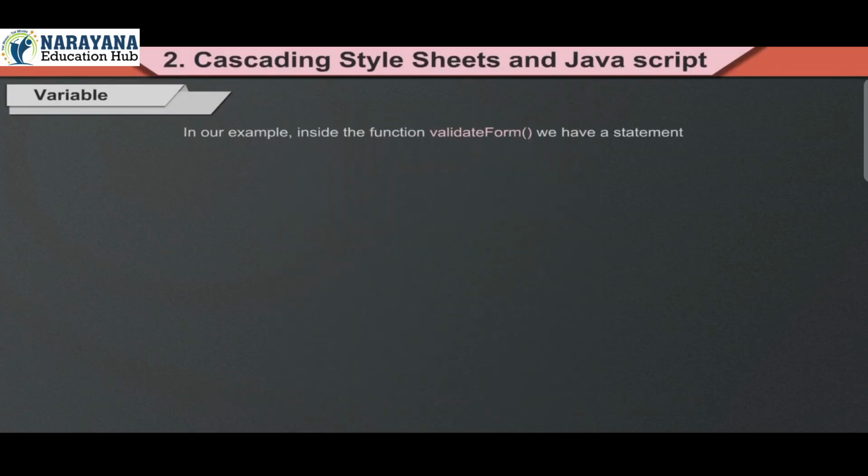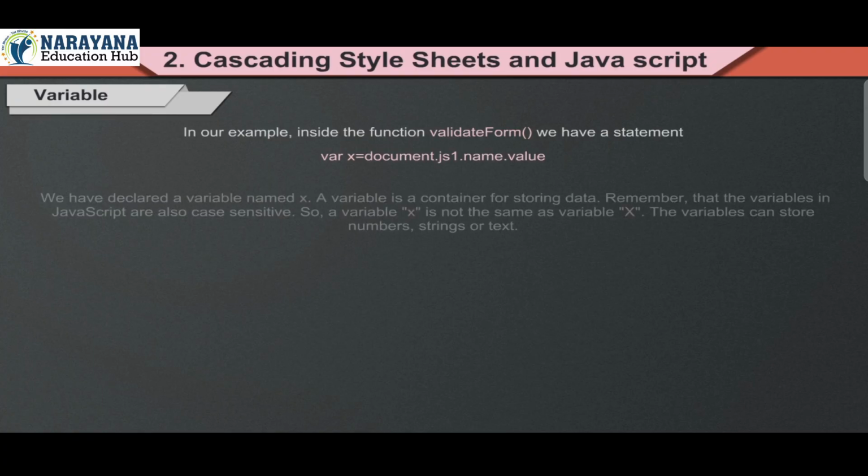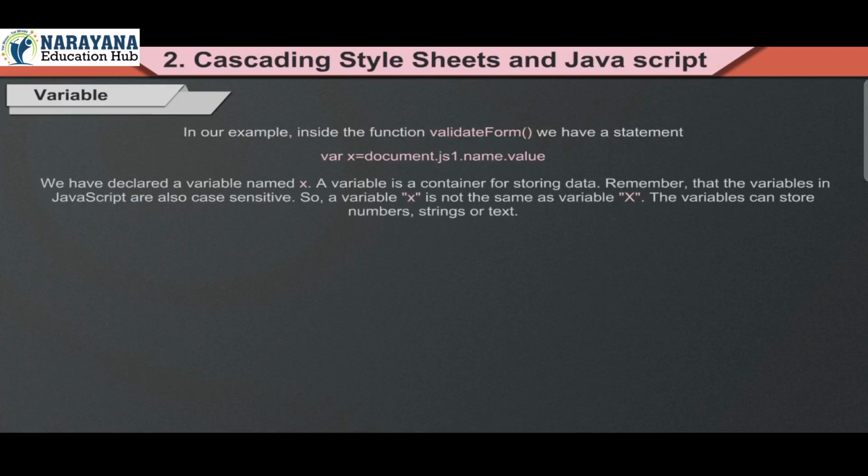Variable. In our example, inside the function validateForm, we have a statement var x equal to document.js1.name.value. We have declared a variable named x. A variable is a container for storing data. Remember that variables in JavaScript are also case sensitive.